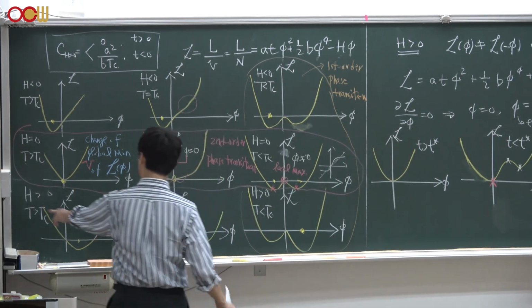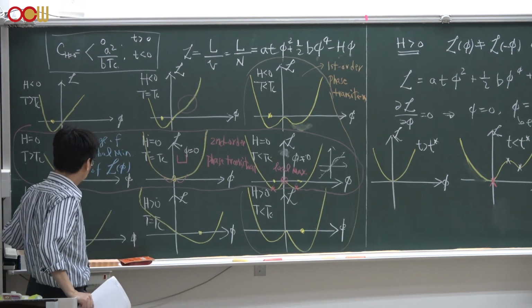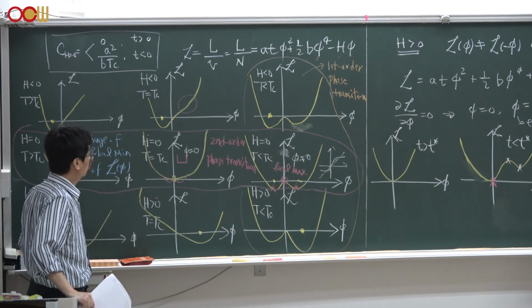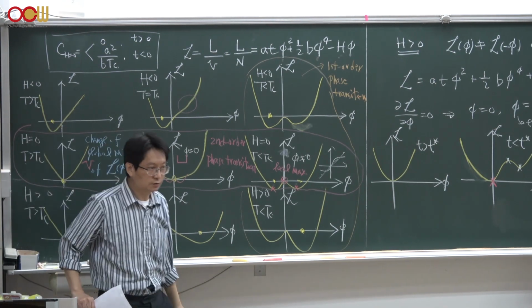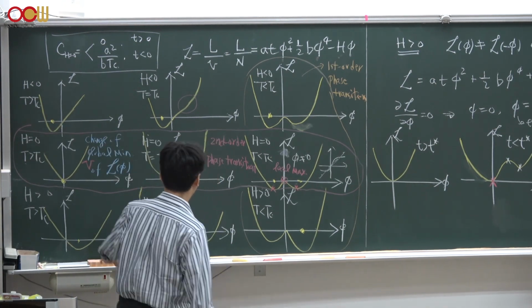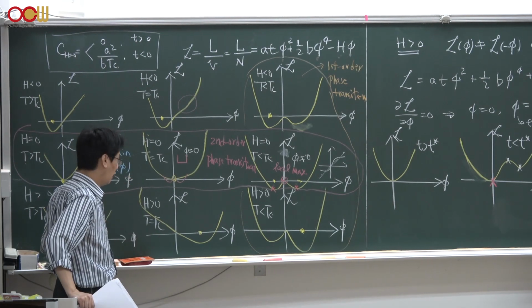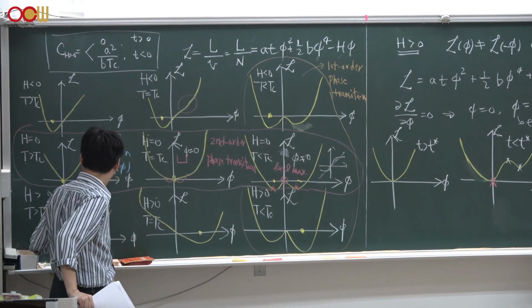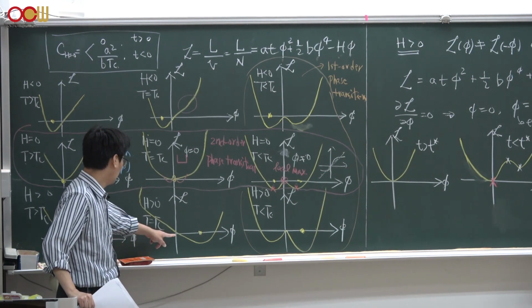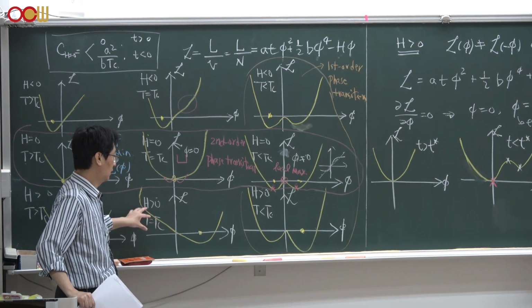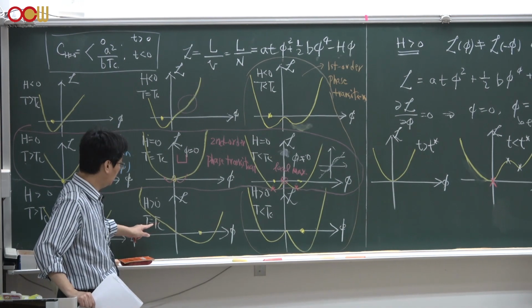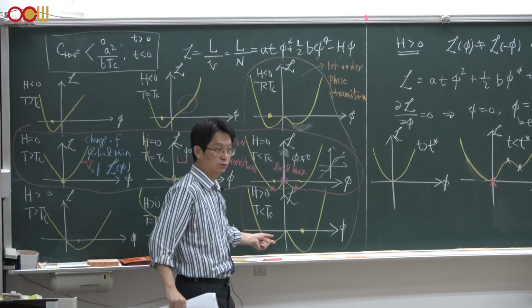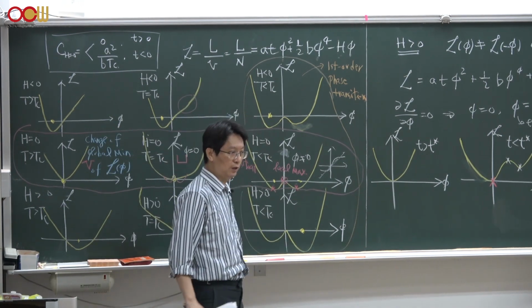So likewise, when H is positive, you get the situation reversed with respect to H negative when you cross the transition temperature Tc. Again, you get a finite and positive mean field when T is larger than Tc, and a double minima structure is going to happen when T is at Tc, and when T is less than Tc, you indeed find a double well.